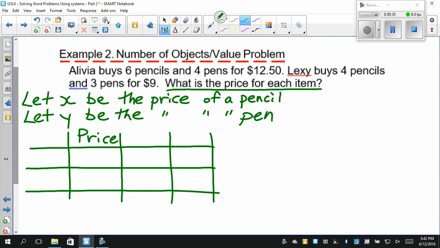And then we've got two different people here. We've got Olivia and Lexi. Our variables always go on the side here. So our variables here in words are pencils and pens. They're the two different things we're dealing with. So we've got total on the bottom here.